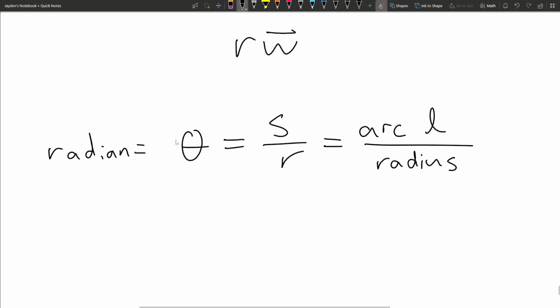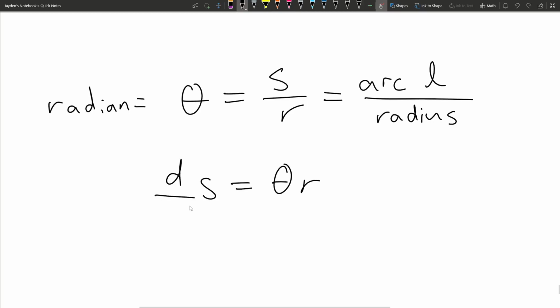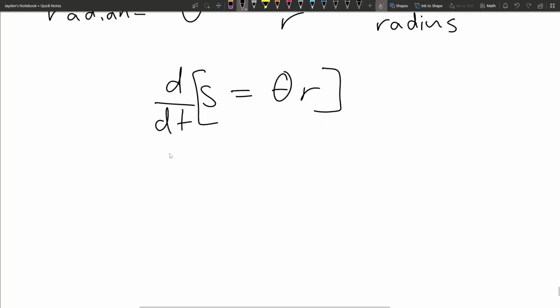What we did was multiply the radius over and say the arc length is equal to the angle in radians times the radius. And we took the derivative with respect to time of the whole thing. Since the speed of the arc length might change, we changed that to the tangential velocity.